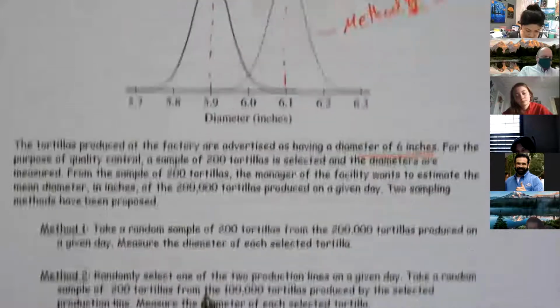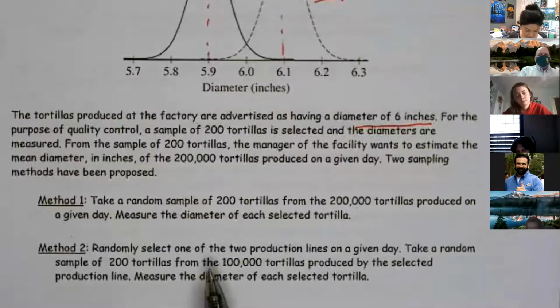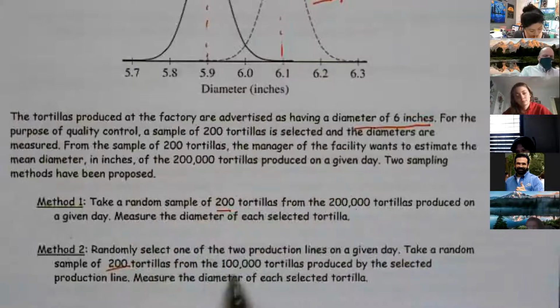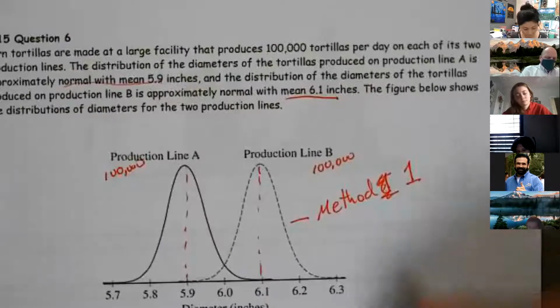Method 2, randomly select one of the 2 production lines on a given day. Take a random sample of 200. So we have the same size at 200 from the 100,000 tortillas produced by the selected production line. Measure the diameter of each of the tortillas. So method 2 is going to look like this.